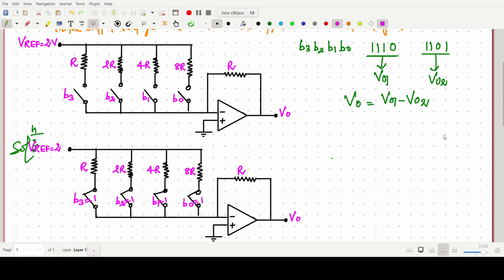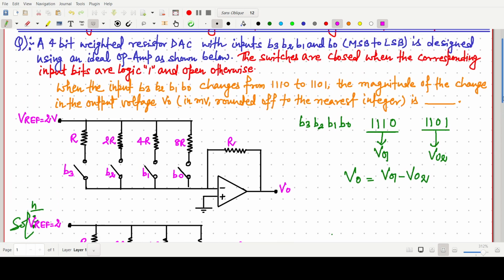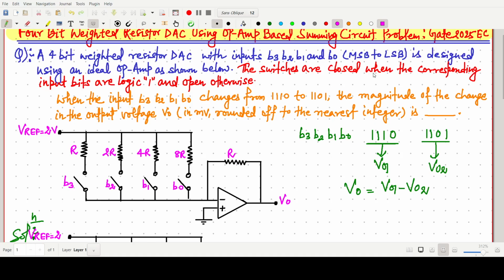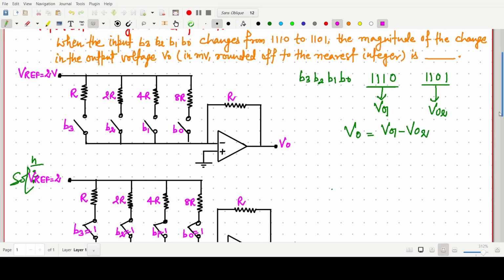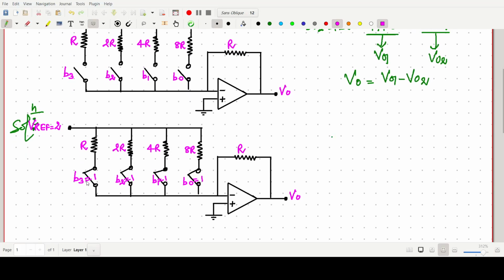So it is shorted. The switches are closed when the corresponding input bits are logic 1. For example, all bits are logic 1, so it is nothing but simply a summing amplifier kind of circuit.